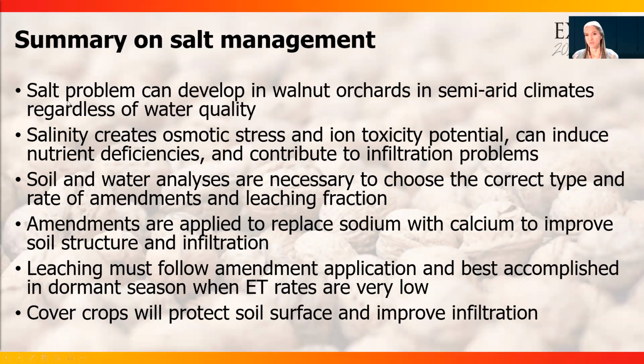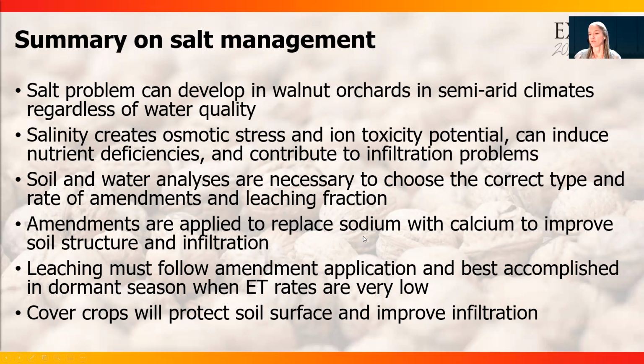And then with salt management, salt problems can develop in walnut orchards in semi-arid climates regardless of water quality. Salinity creates osmotic stress and ion toxicity potential and can induce some nutrient deficiencies and contribute to infiltration problems. Soil and water analyses are necessary to choose the correct type and rate of amendments and the leaching fractions.